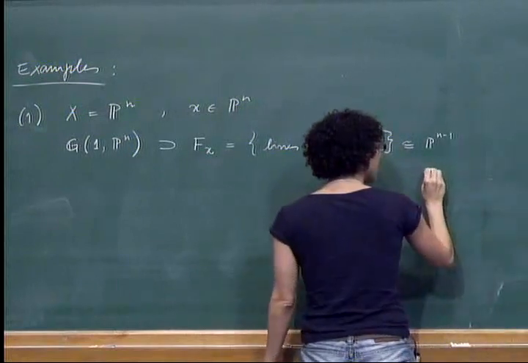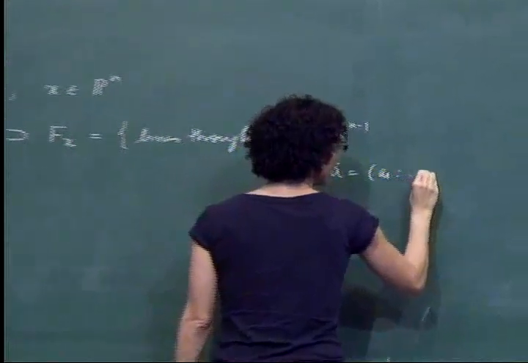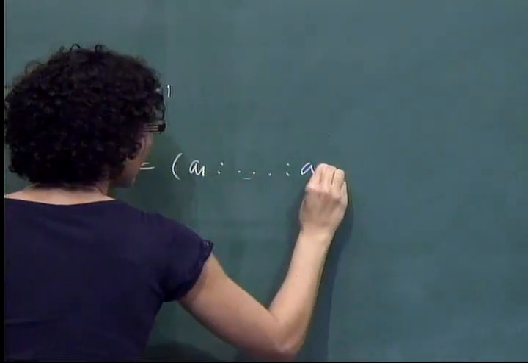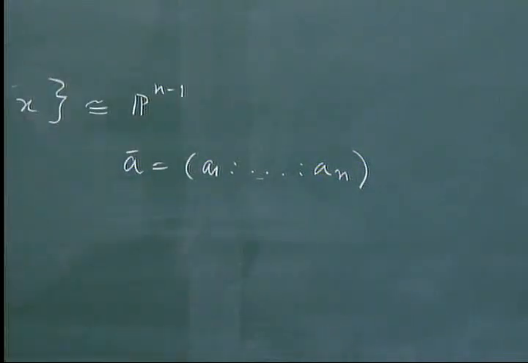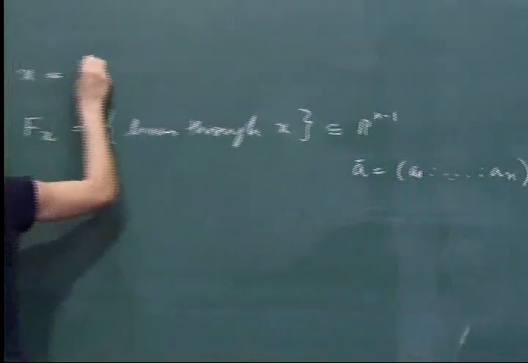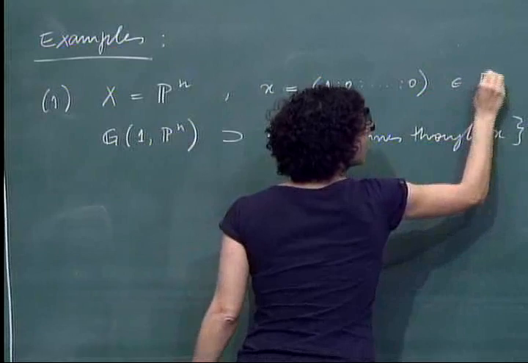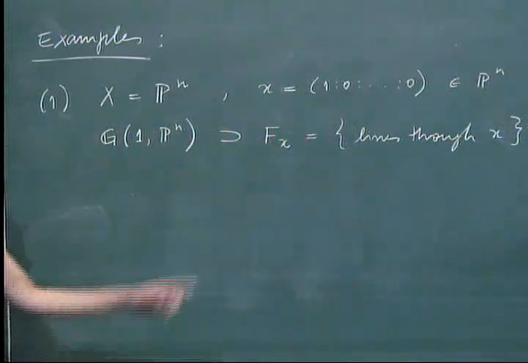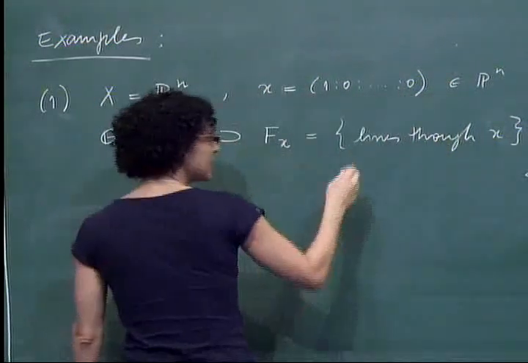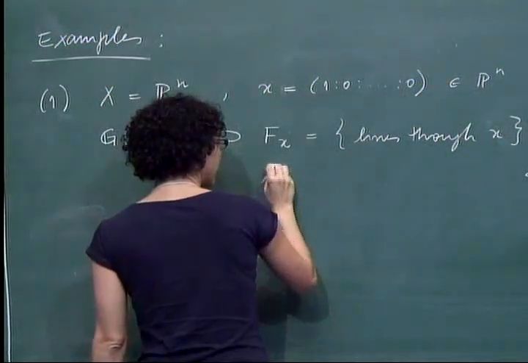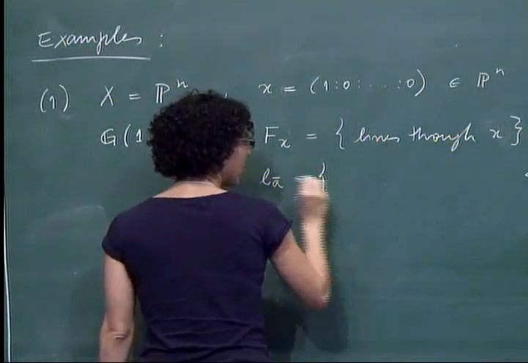So given a point A with coordinates A_1 up to A_n, let me, for simplicity, assume that this point is the point (1,0,0,...,0). Given a point in P^{n-1}, A, I will associate to it the line L_A, which we can parameterize this way.